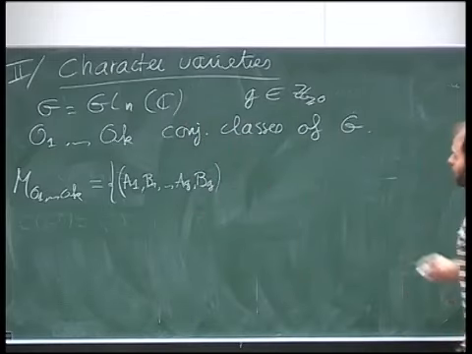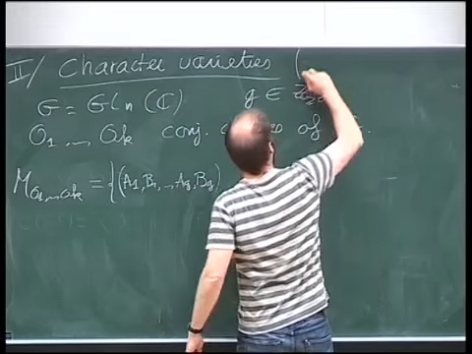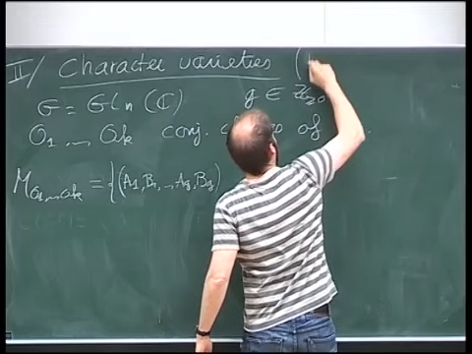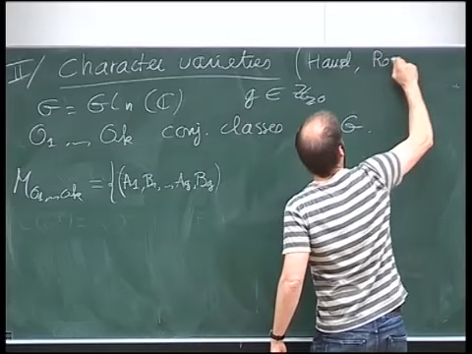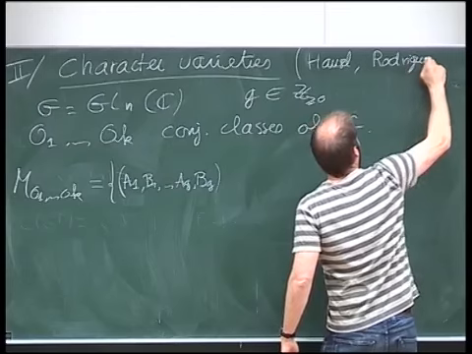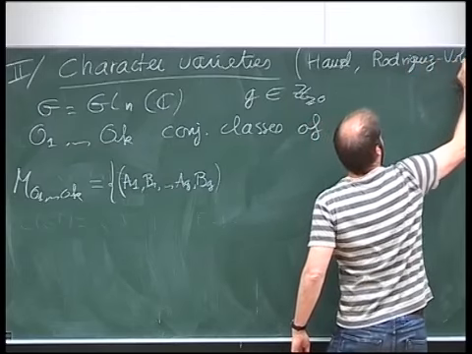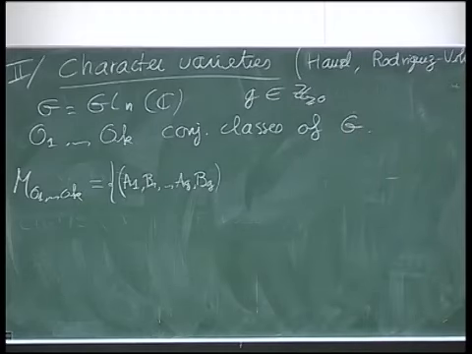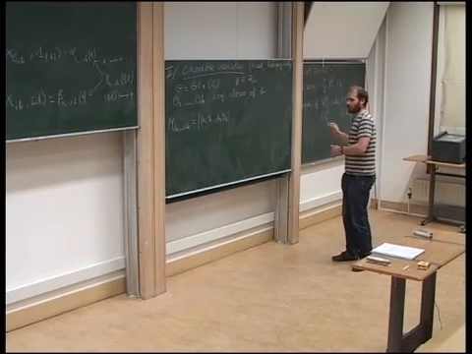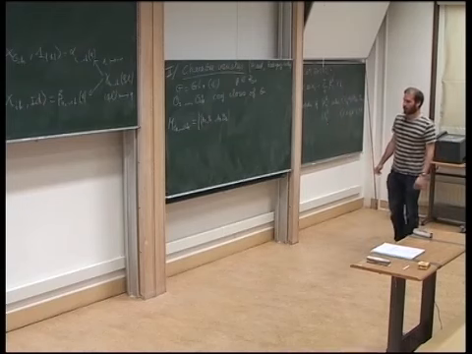At least from the geometrical point of view, this is work with Tamás Hausel and Rodriguez Villegas. This is part of the project that we are doing. This is really the point of view of representation theory, but we also have other points of view that I'm not going to discuss.